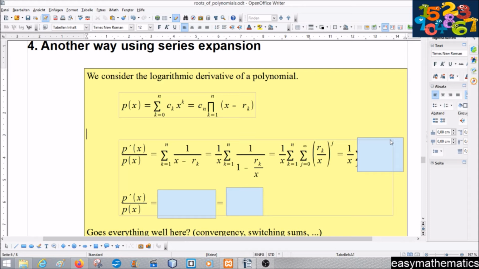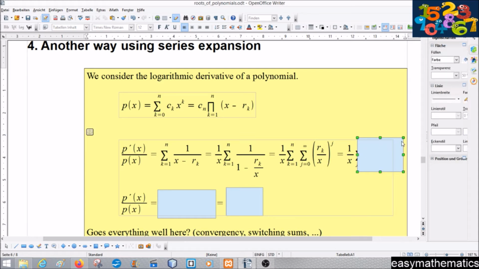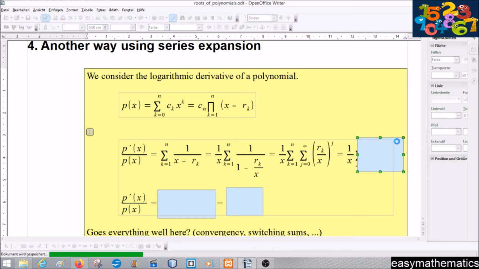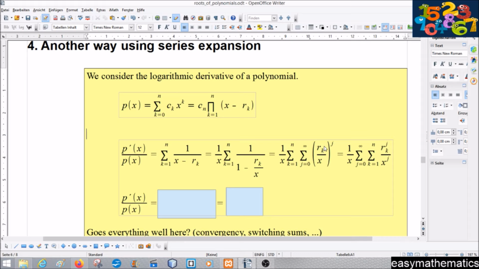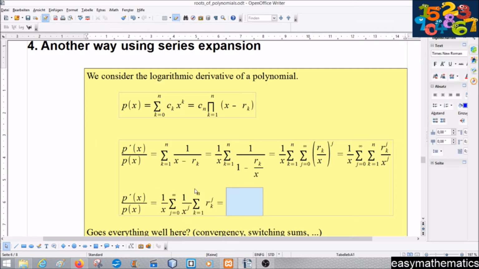The next step is quite obvious. A fraction to the power is the power over the other power. And now here in the inner sum, the x to the power j is not depending on k, so we can factor this out.